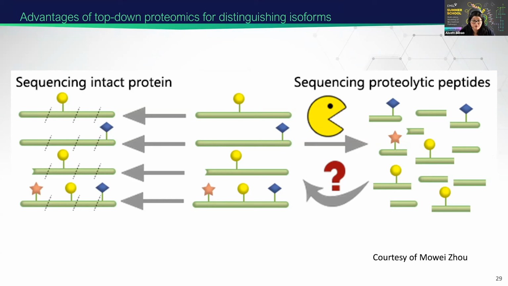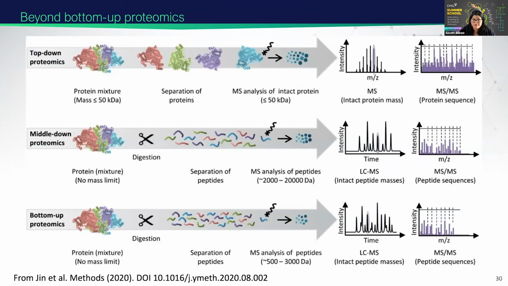So that's the advantage of top-down and the importance of this kind of analysis. There is top-down proteomics, where, as I say, we don't apply digestion, we just analyze the full proteins, and we can fragment the full proteins. There is also middle-down, where there is a limited digestion, compared with the typical bottom-up experiments.